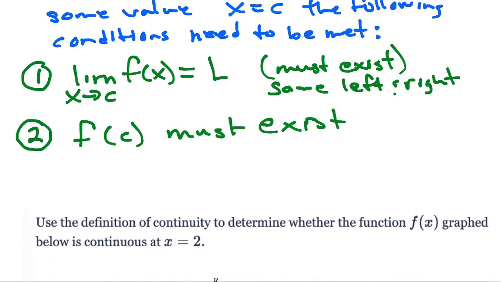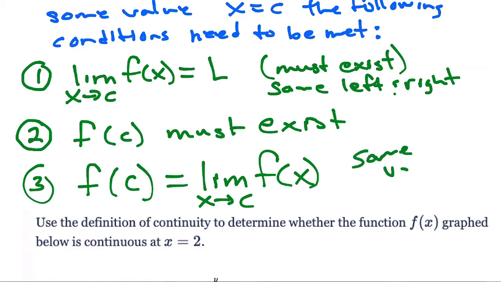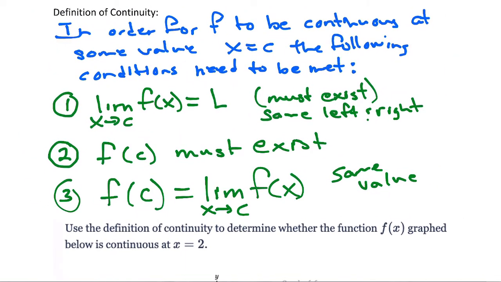And then finally, the third thing is f of c has to equal the limit as x goes towards c of f of x. So they have to be the same value. Those are the three conditions that have to be met. If you meet those three conditions, then all is good.